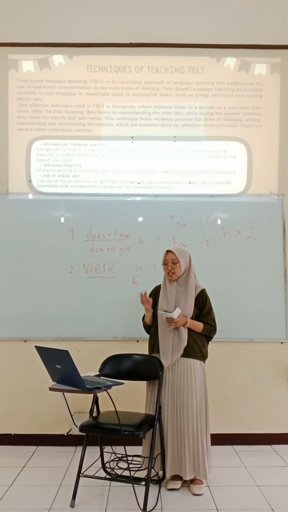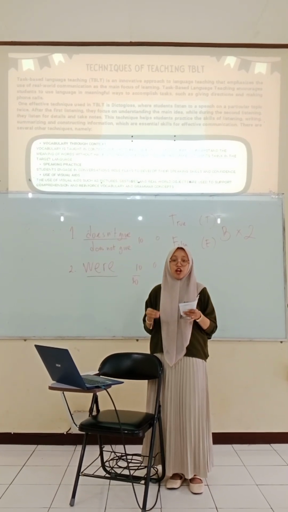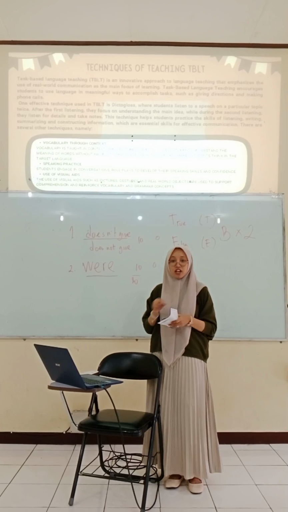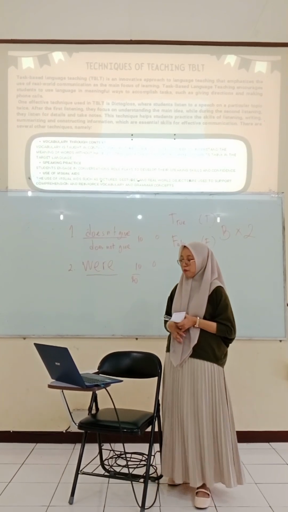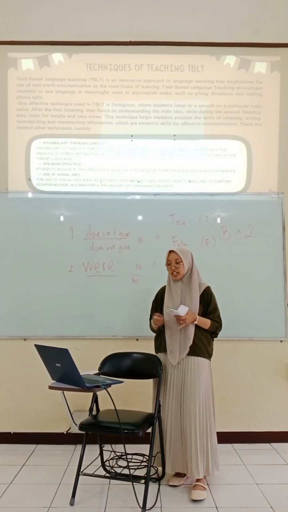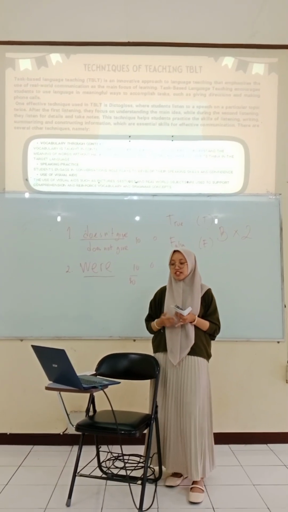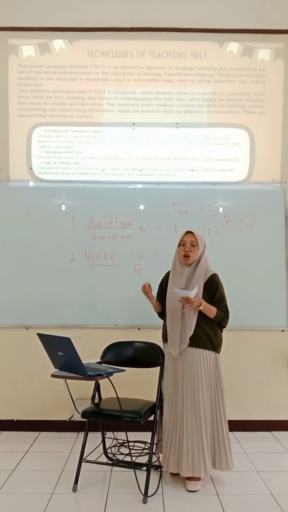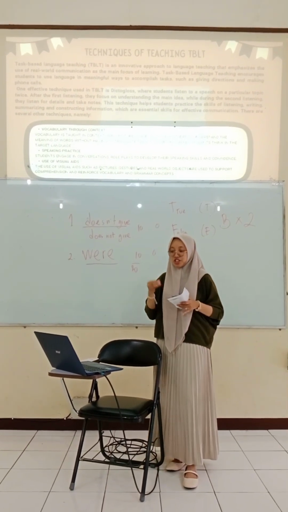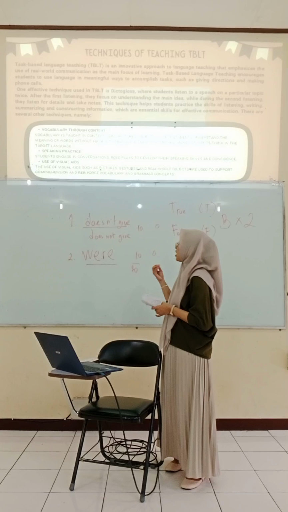During the second listening, they listen for the details and take notes. This technique helps students practice the skills of listening, writing, summarizing, and constructing information. These are essential skills for effective communication.